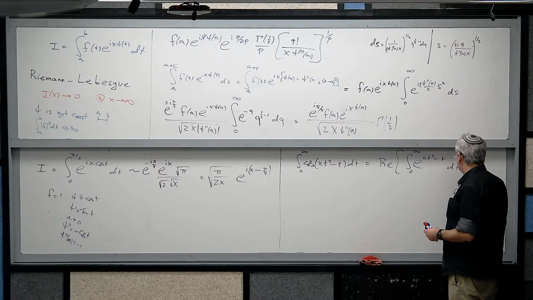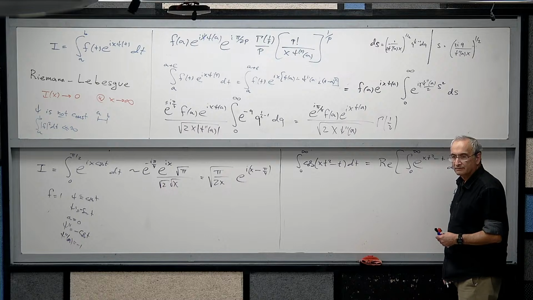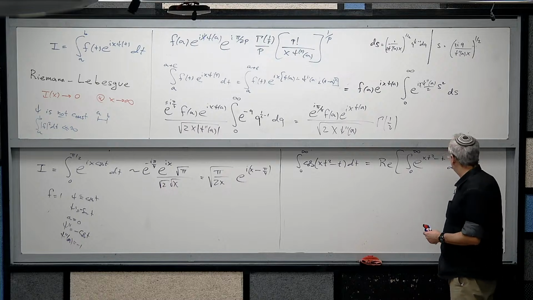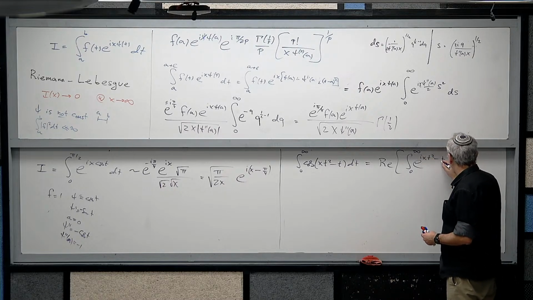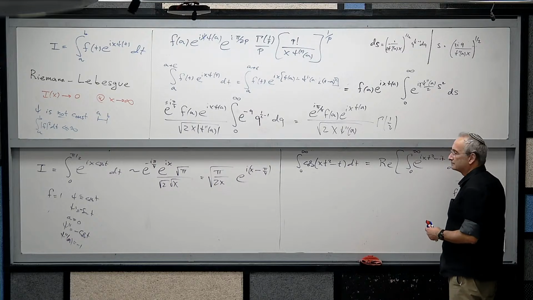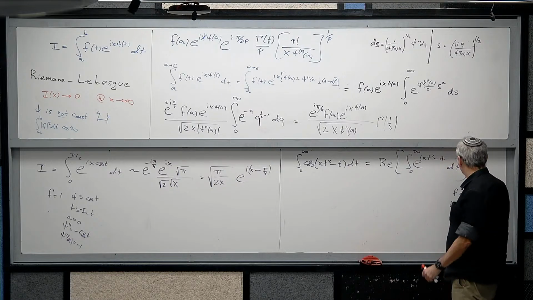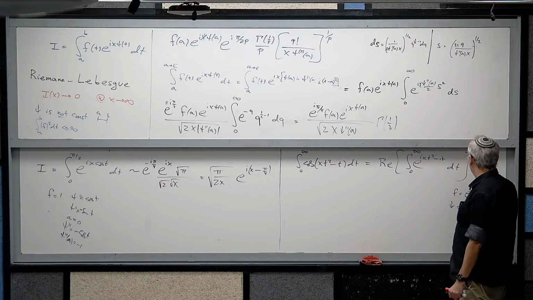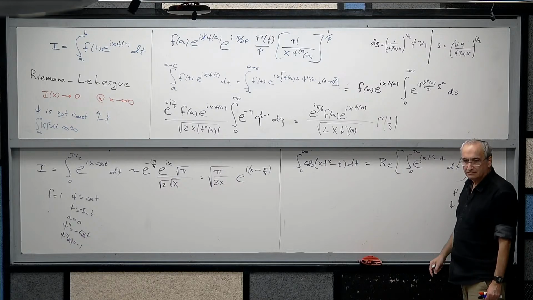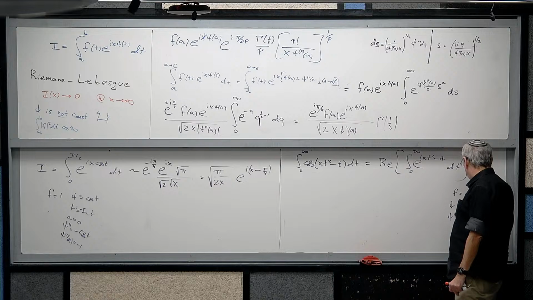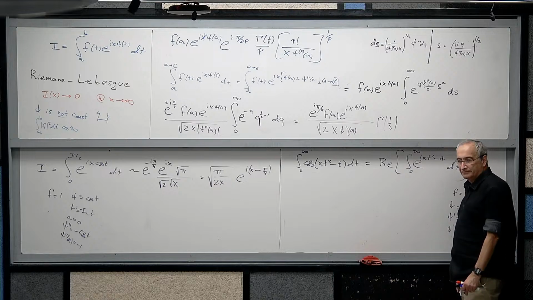What is psi? Psi is t squared. It shouldn't be e to the I x. Of course, sorry. F is e to the minus I t, psi is t squared. So psi prime is 2t, and psi double prime is 2.